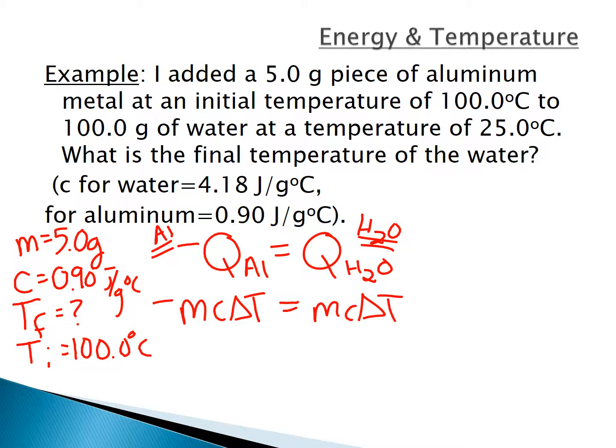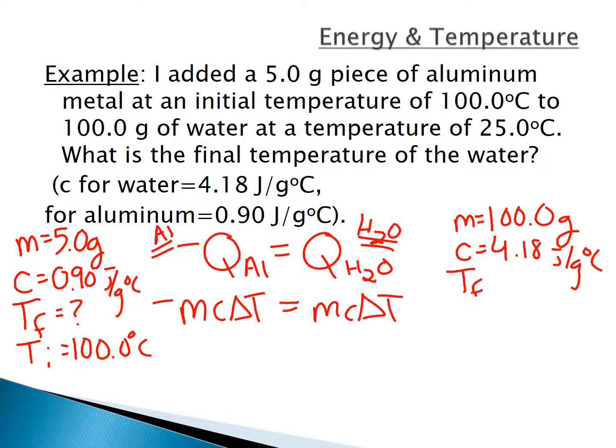For water, I know the mass is 100 grams. The specific heat is 4.18. Again, I'm trying to find the final temperature, and the initial temperature is 25 degrees Celsius.